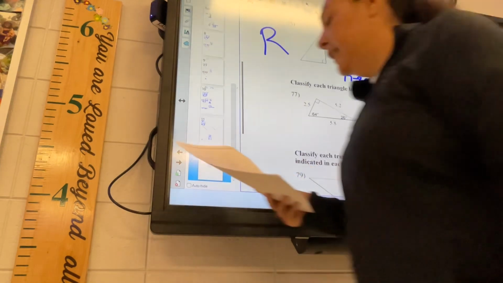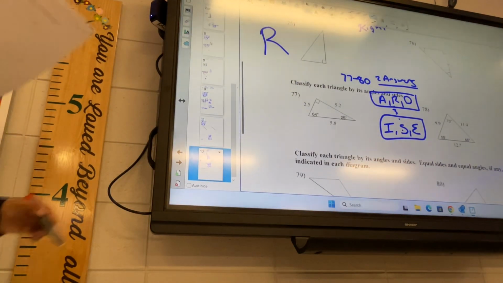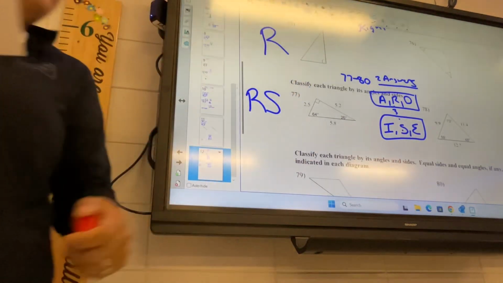So if we look at 77, is that acute, obtuse, or right? It is a right. Is it an isosceles, scalene, or equilateral? It is a scalene. All 3 sides are different. We got 5.2, 5.8, 2.5.